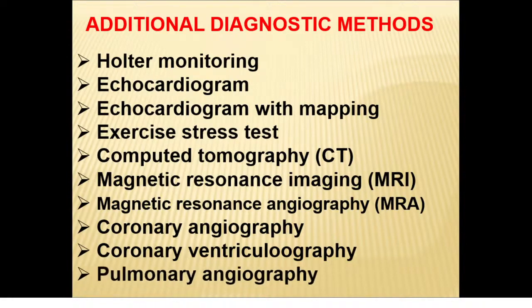Pulmonary angiography may be prescribed for patients with combined pathology, with chronic lung diseases, when pulmonary heart is formed and there are some problems with lesser circulation. To clear the pathology and again decide the question about possible surgical correction, we can use some invasive method, because all the last methods are invasive. I'll show the principles later.